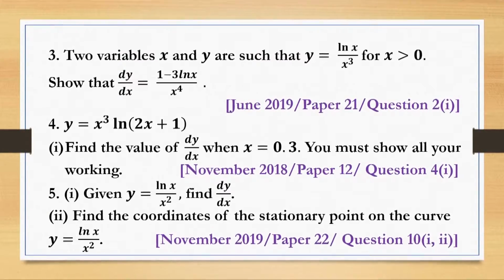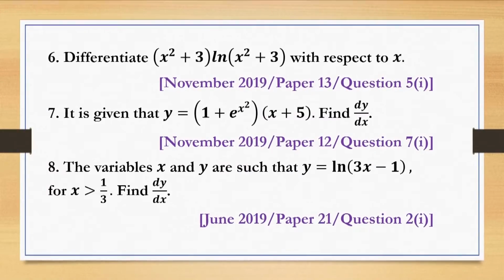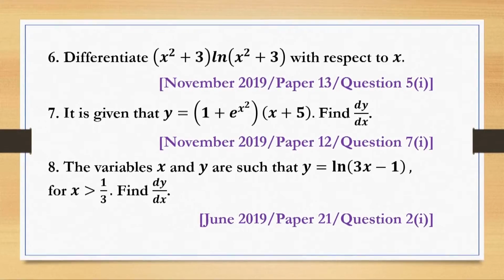Number 5, first part, you need to find dy by dx, and second part, you need to find the coordinates of the stationary point on the curve. That is, you need to equate dy by dx to 0. You have a few more questions, number 6, 7, and 8, on differentiation of exponential and logarithmic functions.